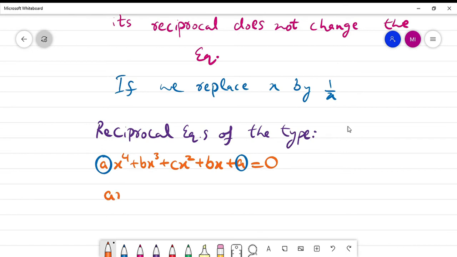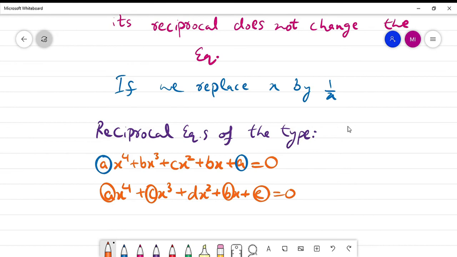If we have ax to the fourth plus cx cubed plus dx squared plus bx plus e is equal to 0, this is not going to work because these two aren't equal and neither are these two.